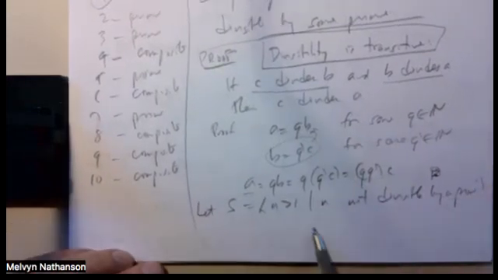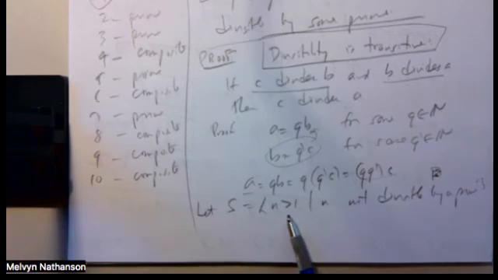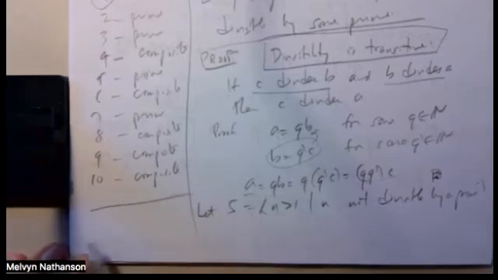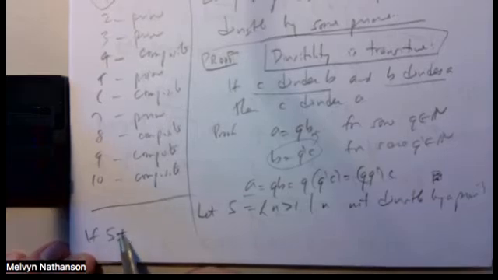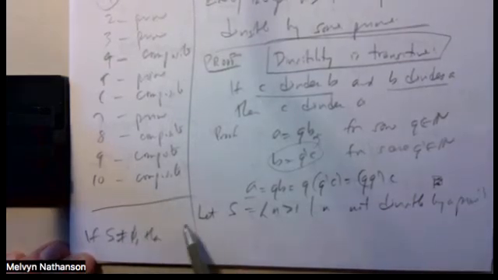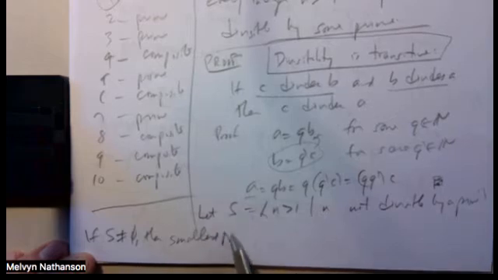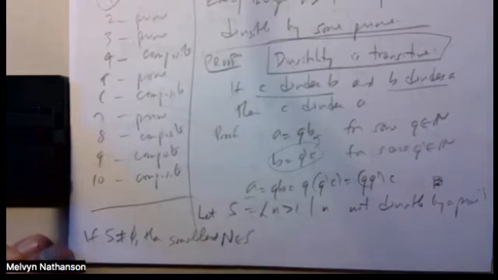I'm going to show that's empty. So I can prove this again by contradiction. If S is not empty, then there's a smallest integer, capital N, in S.